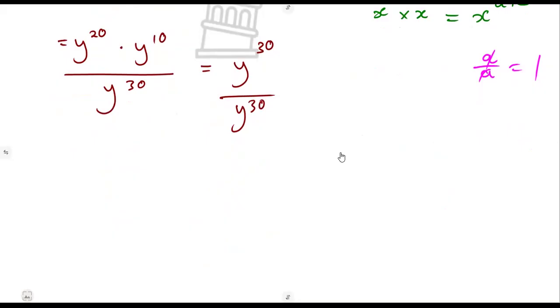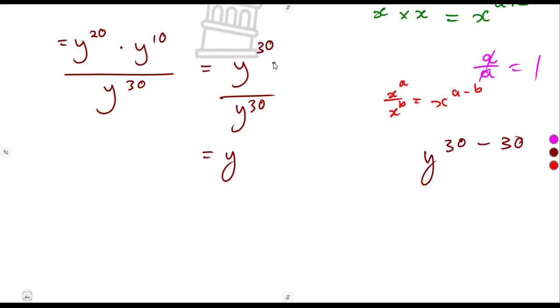There are people like that. Still want to use the laws of exponents. So what do we do? There's a division this time. Dividing the bases which are the same will make us subtract the exponents. A minus B. Remember your laws. So it means you are going to subtract y to the exponent of 30 minus 30.